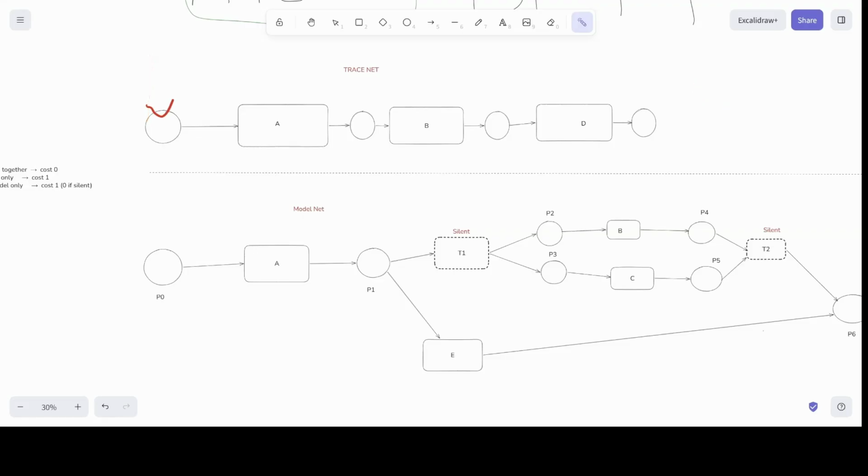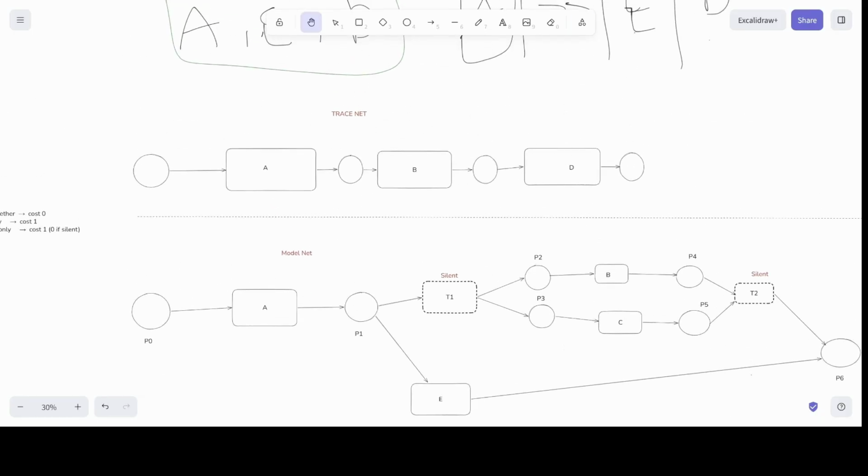These are what we call places. The way a Petri net works is that you start with a token, so you would have a black point here at the starting point. This token would get consumed. This transition we would say would fire, and then you would find a token here, and step by step until we reach the end.